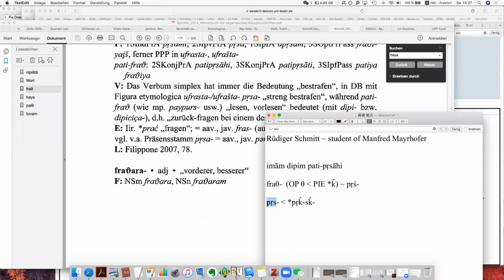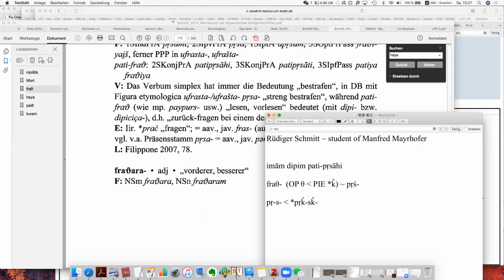So actually, prs, this s cannot go back to k, because if it is k, it should be like this one, s, right? If we have an s, it actually goes back to this consonant group, and then we know that this is the sk present, right?